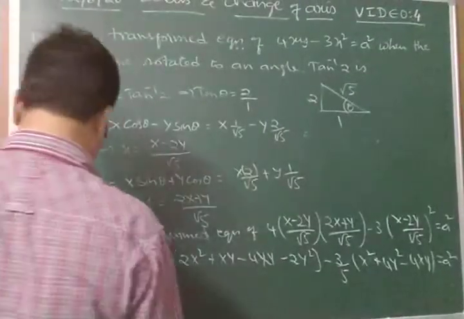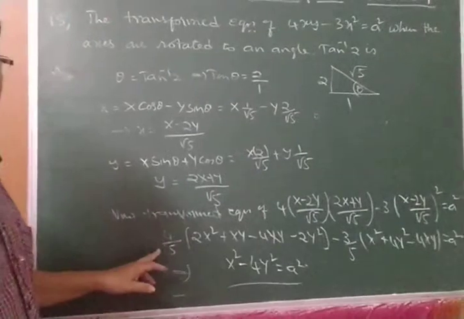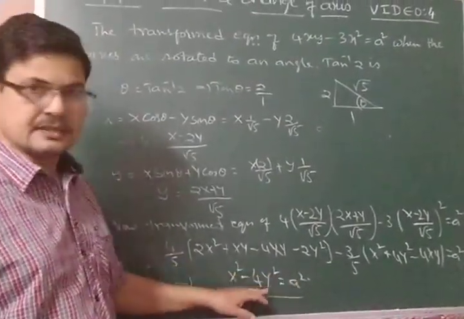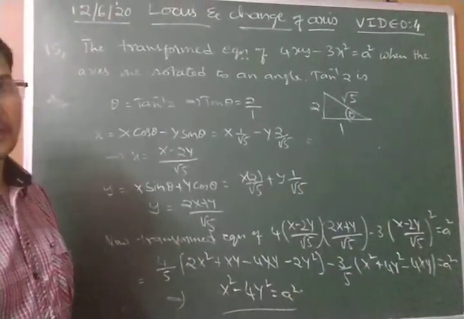So that implies X square minus 4Y square is equal to a square, which is the required transformed equation.